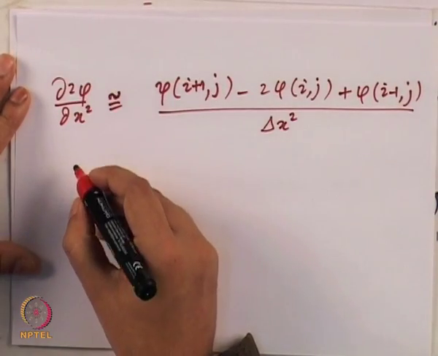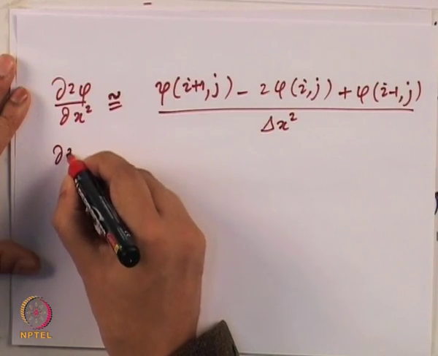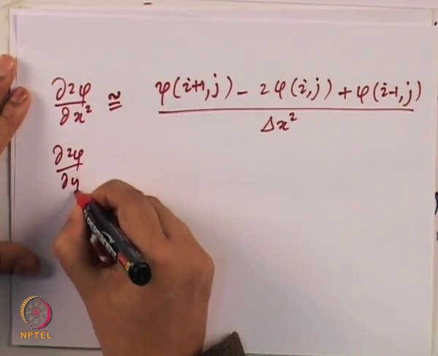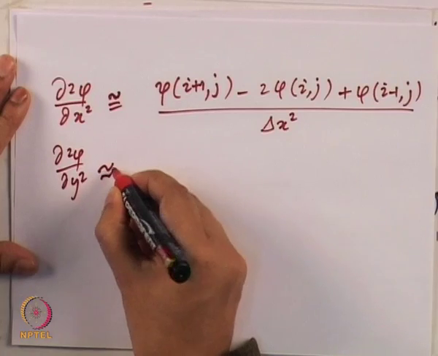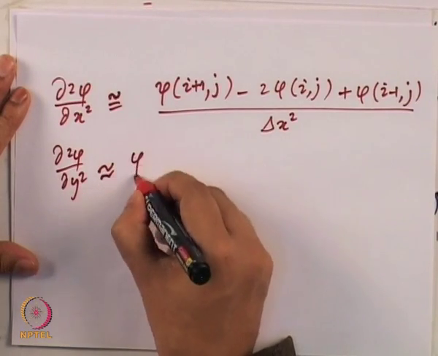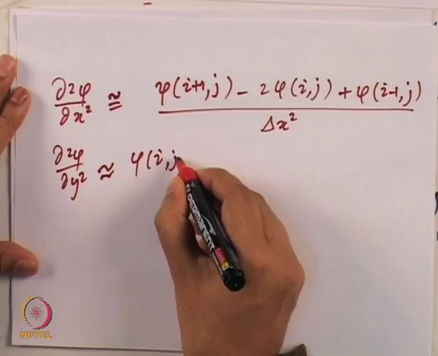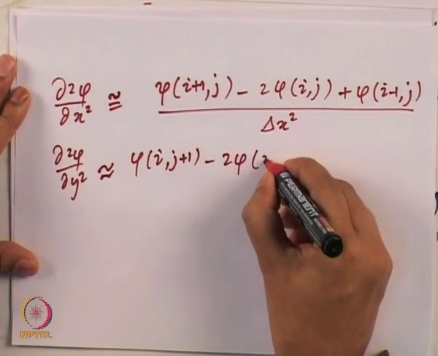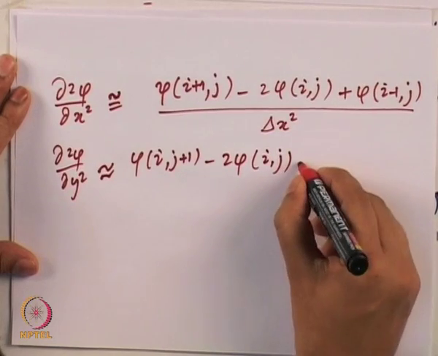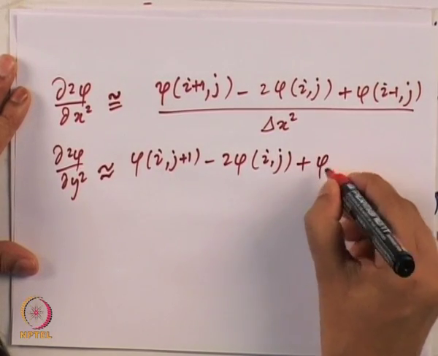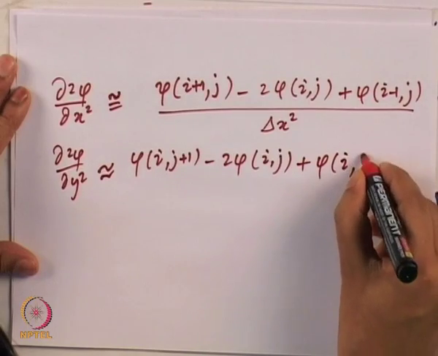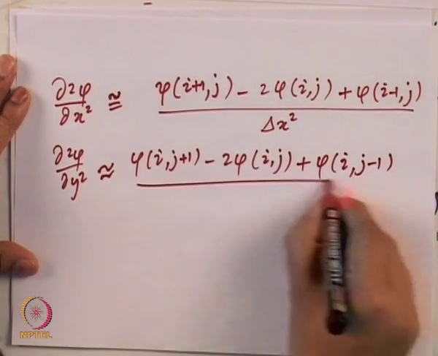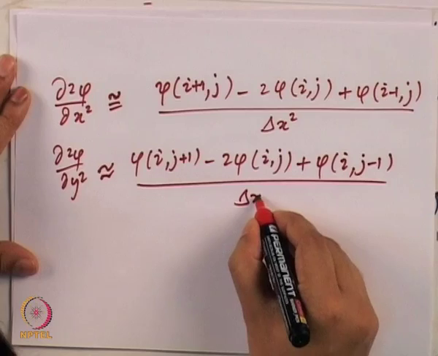And we can similarly do the other part of the equation, which is this one. So we can write it approximately equal to phi of i comma j plus 1 minus 2 phi of i comma j plus phi of i comma j minus 1 divided by del y square.